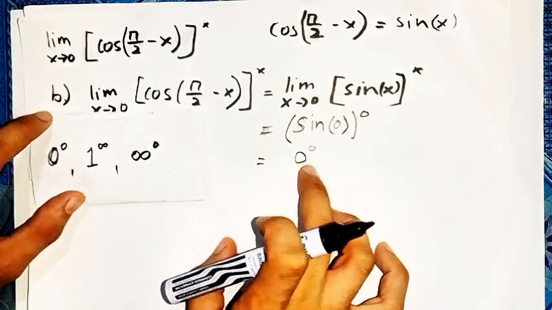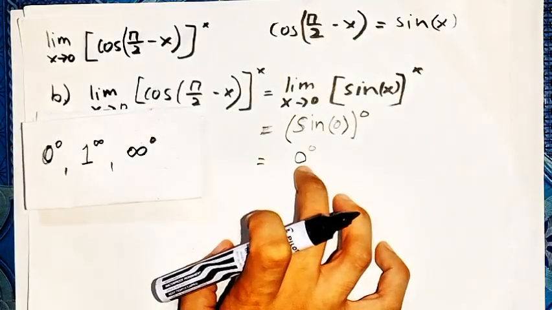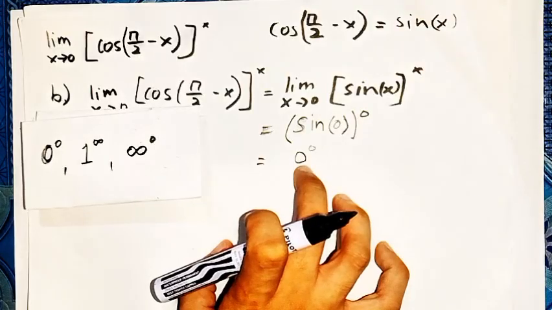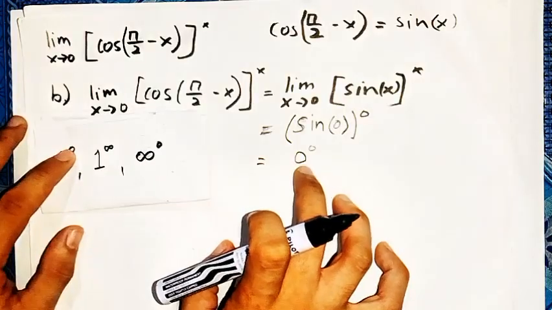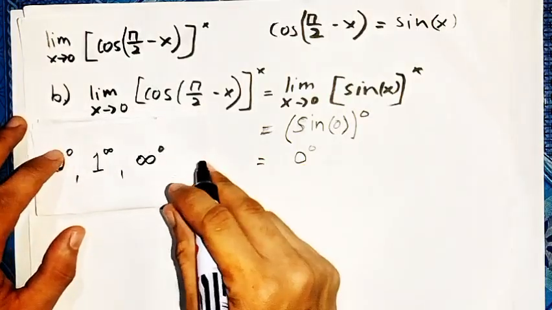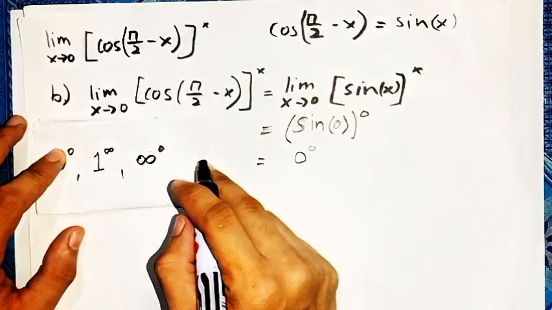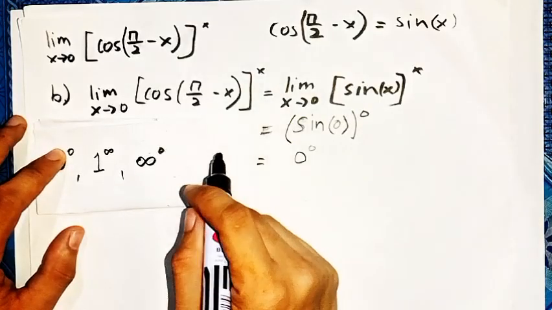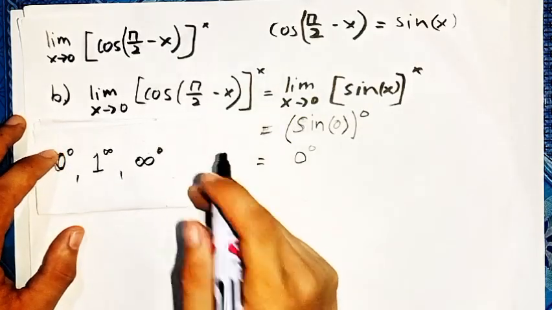So if we have this type of indeterminate form, let's try to take the logarithm. Let's assume that the limit exists and is equal to y. Take the natural logarithm of each side.